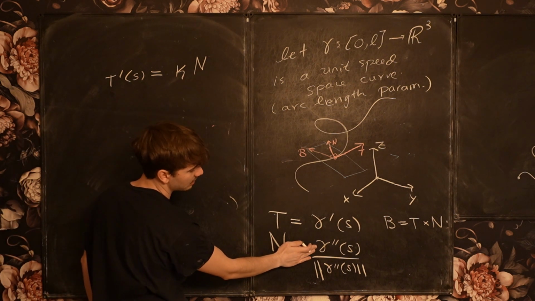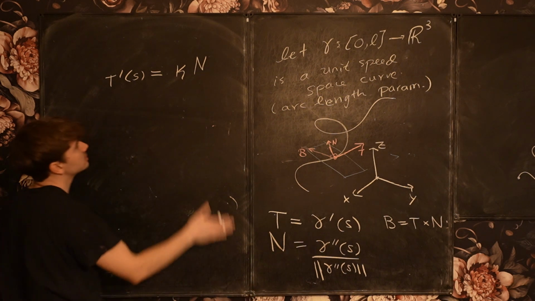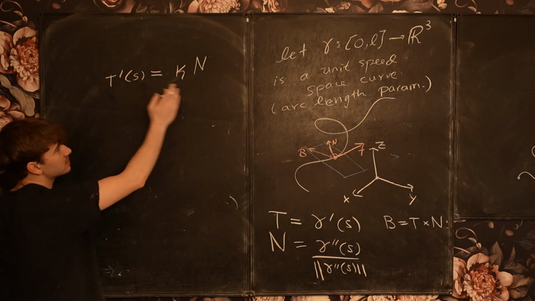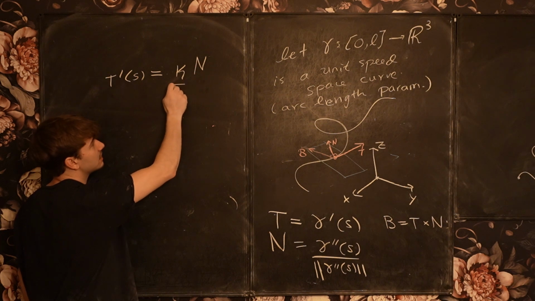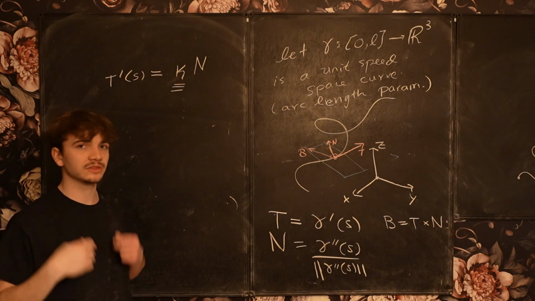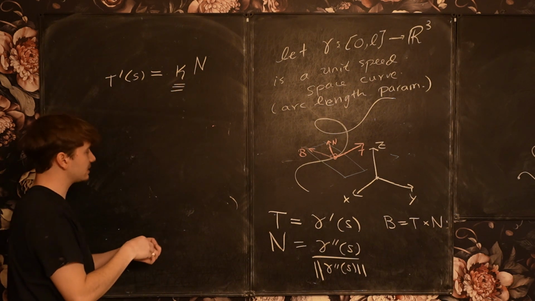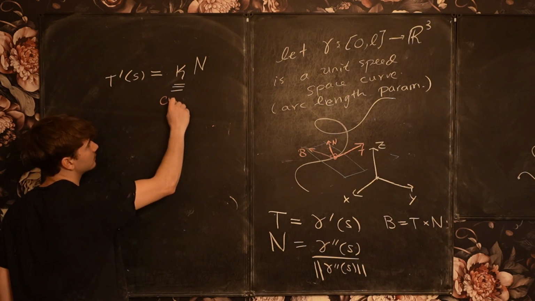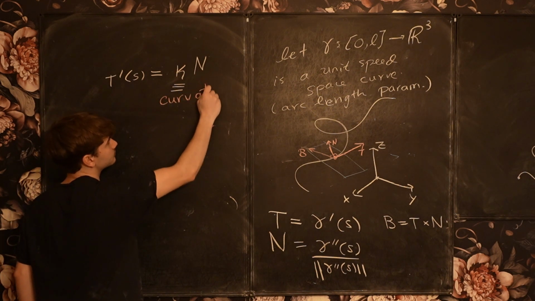Gamma double prime is just T prime of S, and this scalar multiple, which encodes the magnitude of T prime, is kappa, the curvature.